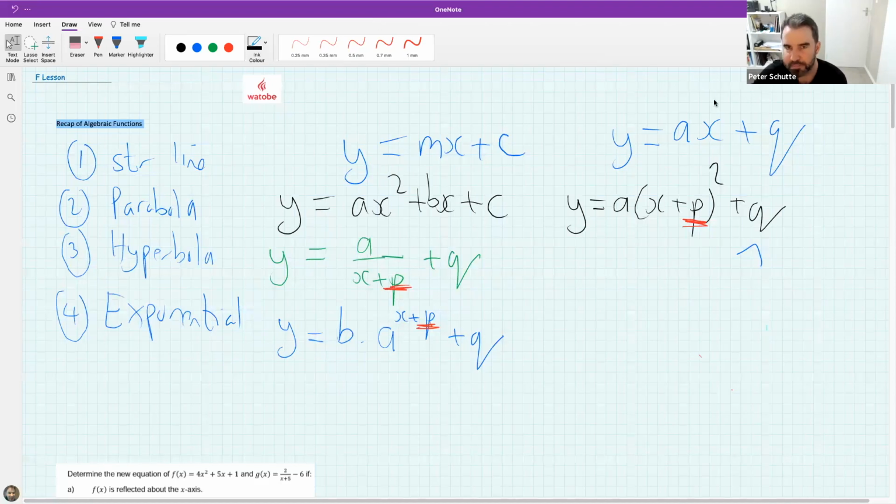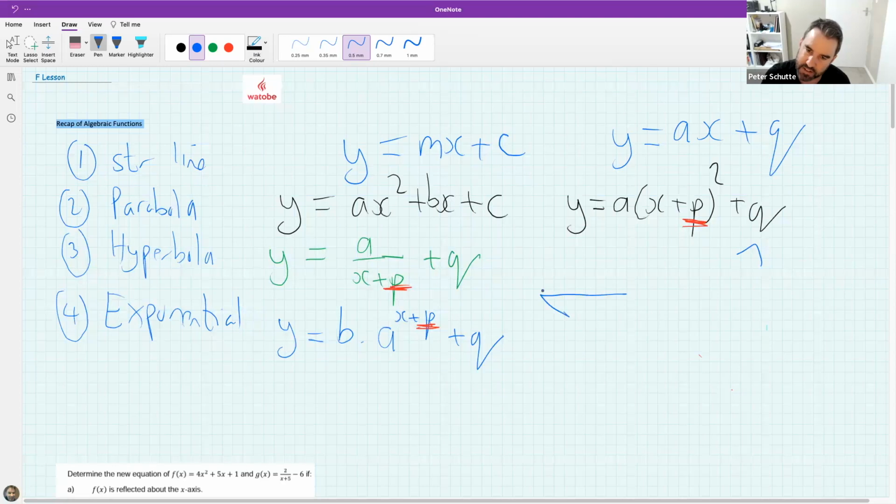Tabiso has put something in the chat. Who else? Anyone agree with that? Disagree? Move up or down? Horizontal shift? Okay, a lot of people are saying horizontal shift. And it turns out that the plus P, or the P value, does shift the graph left and right.